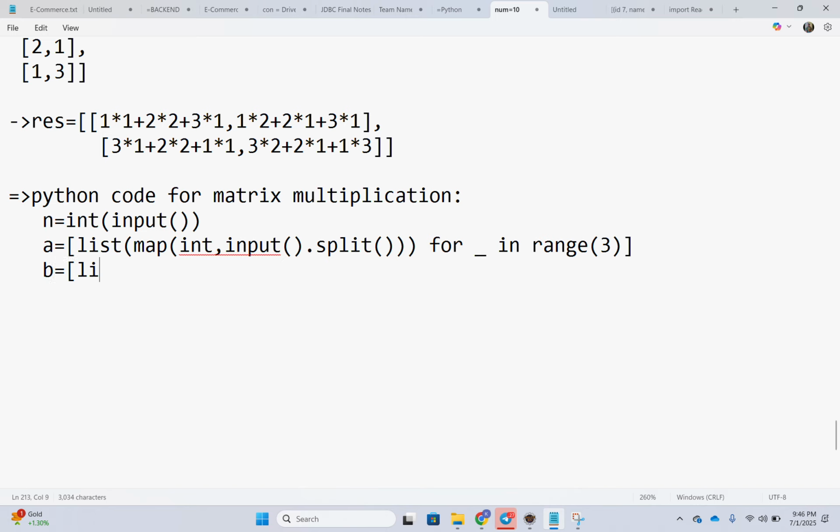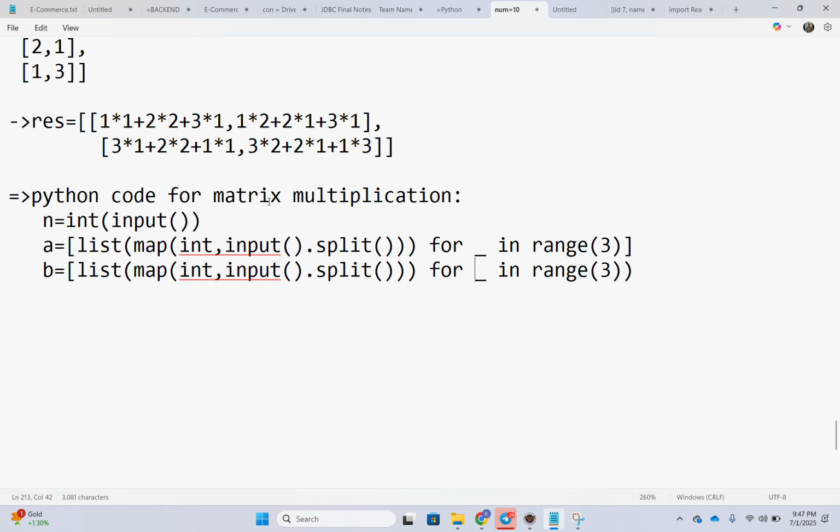B is equal to... okay, I gave a space here.